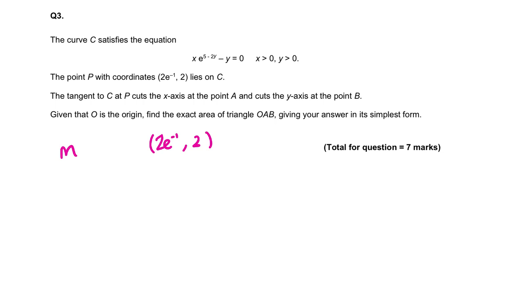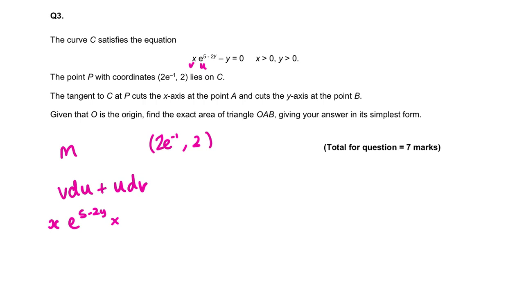So let's start. So x and e, what do we notice? This is a product, because e to the power contains a function. If it was just e to the power of 5, just a number, this is not a product rule because e to the power of 5 is a constant. So we're going to have v du plus u dv. So v is x. The differential of u is e to the 5 minus 2y multiplied by the differential of the bracket.